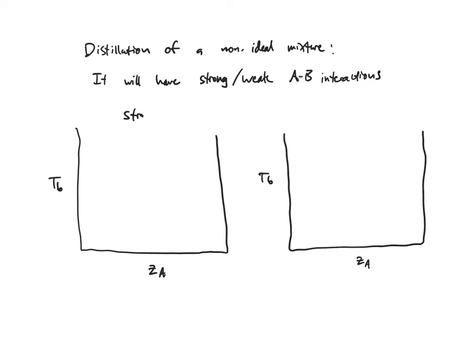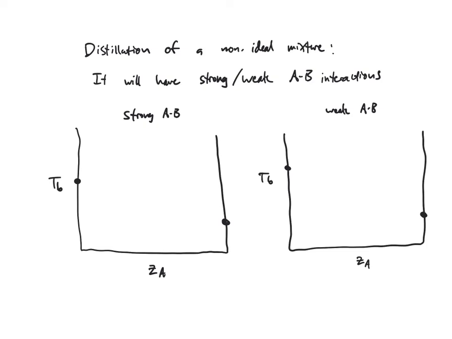So for this one, these are going to be strong AB interactions, and these are going to be weak AB interactions. So both of these are going to be non-ideal solutions. We're going to have a boiling point of the two different components. We'll start with the vapor.